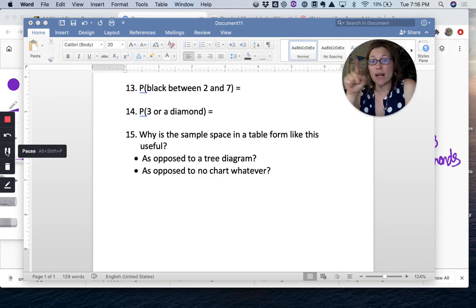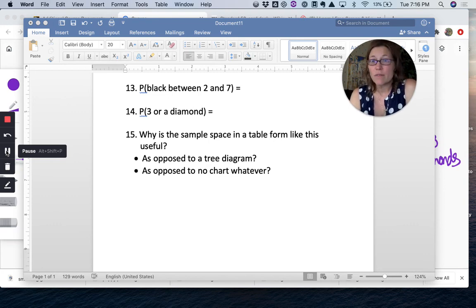If I had a branch for each suit, there's all the hearts, all the diamonds, all the clubs, all the spades, then each one of those would need 13 little branches off of it, wouldn't it? We know there's 52 different cards, so that would mean 52 tiny little sticks coming off, and it might be hard to keep that looking neat and tidy, and it'd take a while to draw.